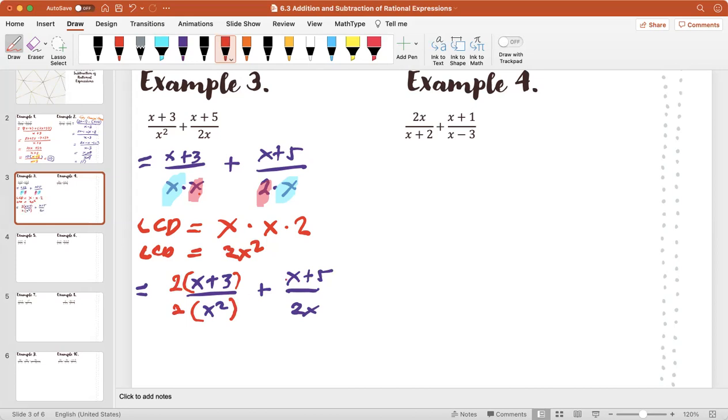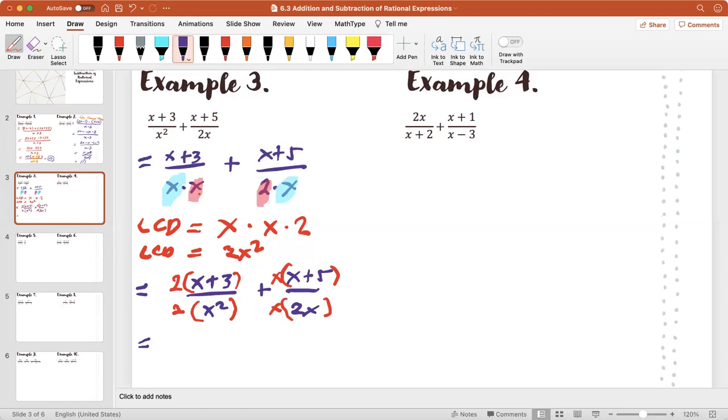How about our next one? When we divide 2x squared by 2x, what is it? It's simply x, okay? So that will be times x over x. If you want to put your x here, it's fine. If you want to put x before the parentheses, it's fine. After doing that, you'll see that they have the same denominators, okay?